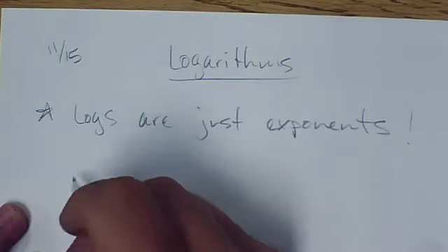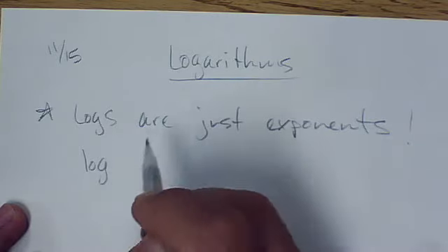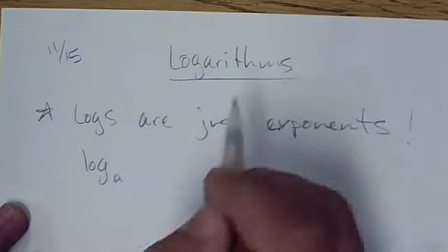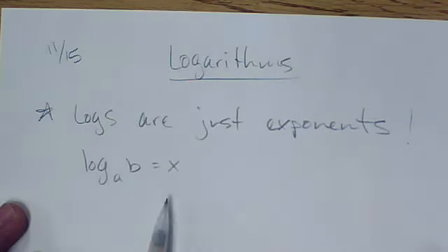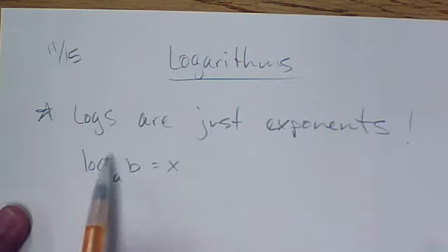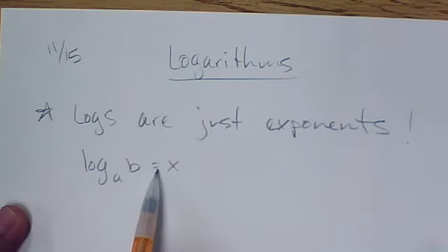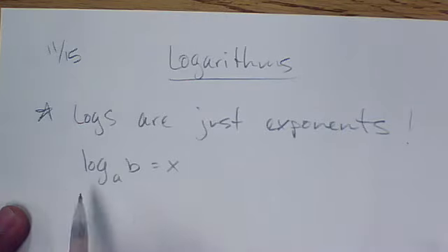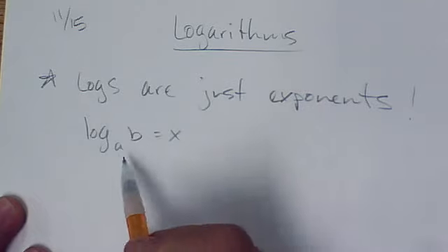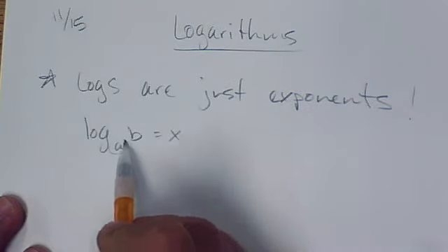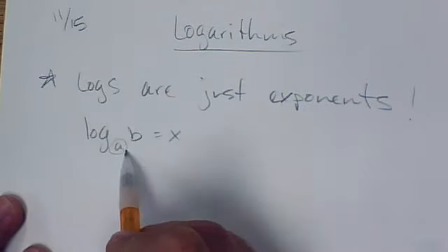So a logarithm will always equal the exponent. So if I have a base a logarithm of b equals x, then x is the exponent, because a logarithm is, there's your equal sign, a logarithm is an exponent. If I'm going to write this in exponential form, you've got the base.